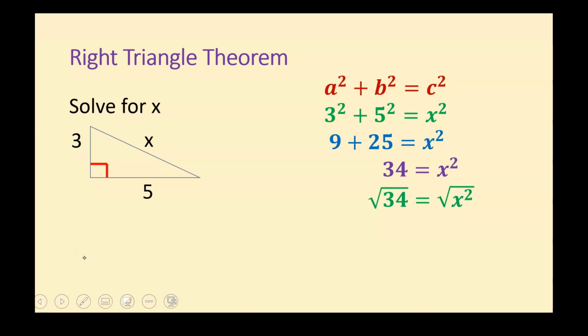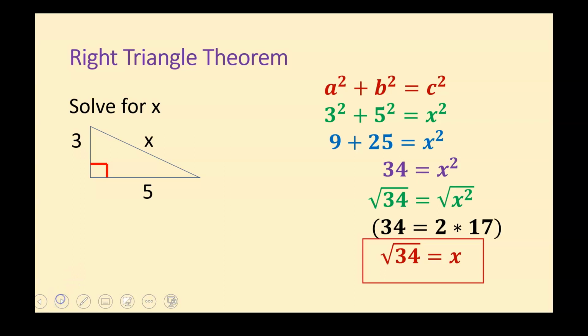We have to ask ourselves, are there any perfect squares in 34? Well, we know 34 is the same thing as 2 times 17. And 17 is a prime number, 2 is a prime number, so we can't break those down anymore. Okay, that would be our tree. So, since there are no perfect squares, we leave it alone. So we get the square root of 34 is equal to x. Excellent.